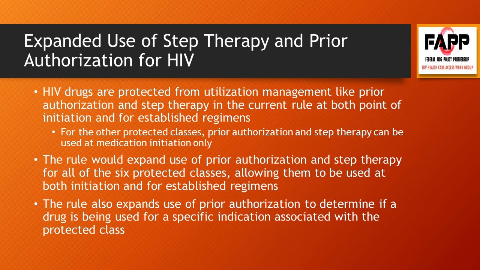As I said, Medicare regulations have historically limited the use of these 2 utilization management techniques for the 6 protected classes. It's one of the core things that makes the classes actually protected. And HIV drugs have historically been even more protected than the other 5 classes. There are some unique features of the HIV class that have warranted additional protections. For the other 5 classes, prior authorization and step therapy have been a little bit more common. They've been allowed on a very limited scale. But prior authorization and step therapy have essentially been off limits for HIV.